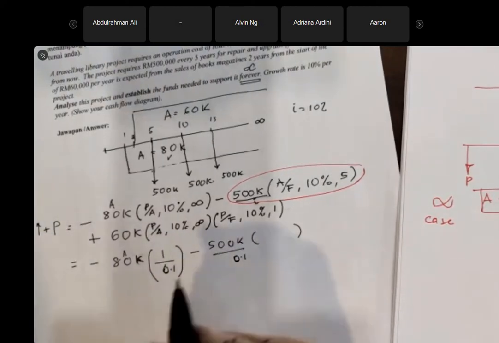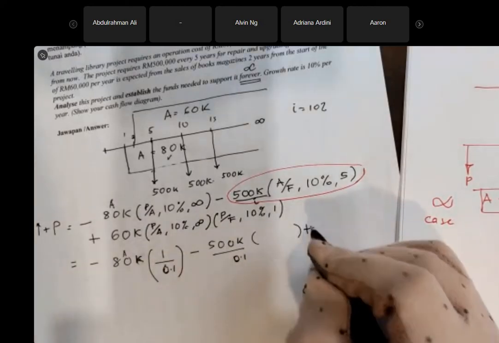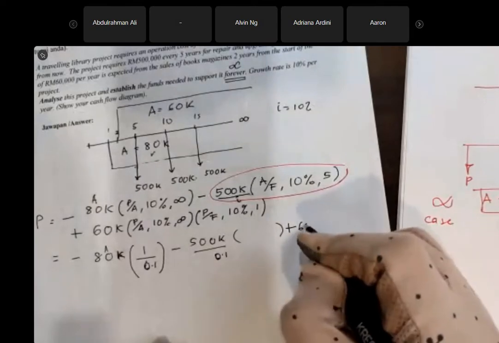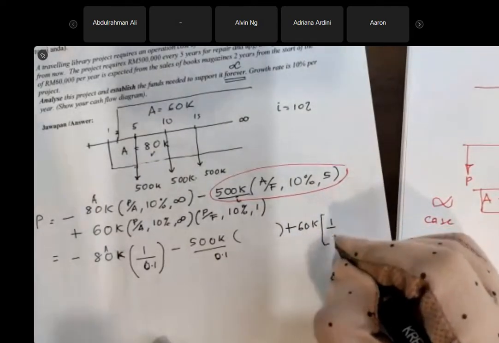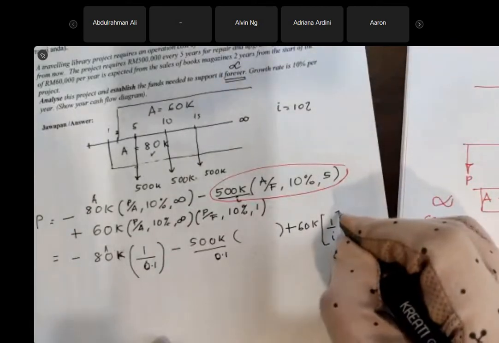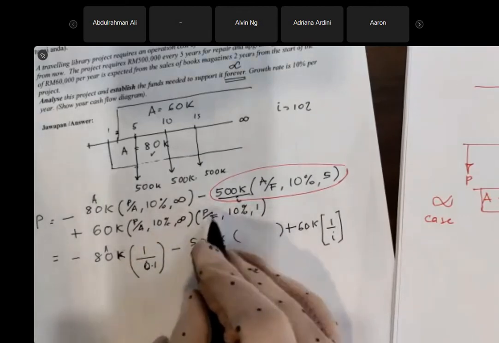Okay, and then the last part is plus 60k. Sama 60k. Then 1 per I. Okay, this one. Carilah dia punya nilai.